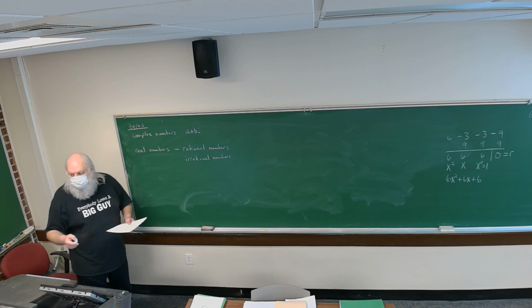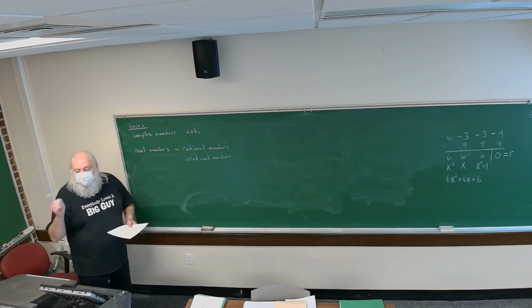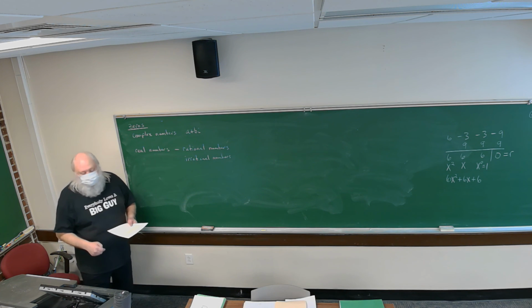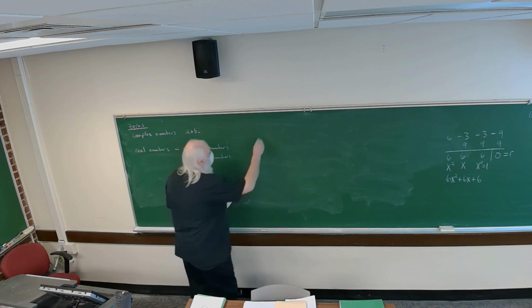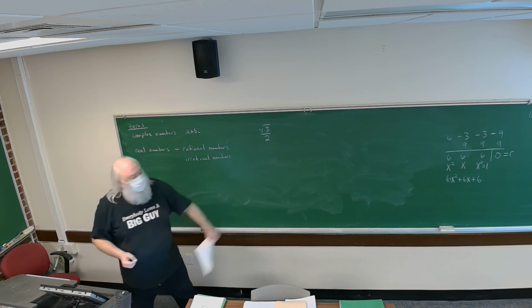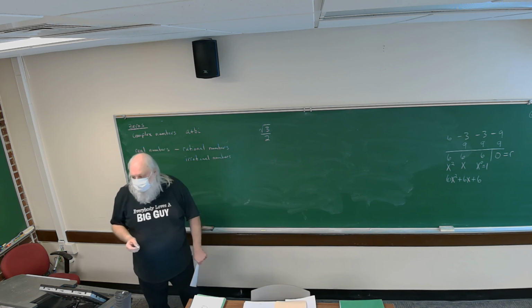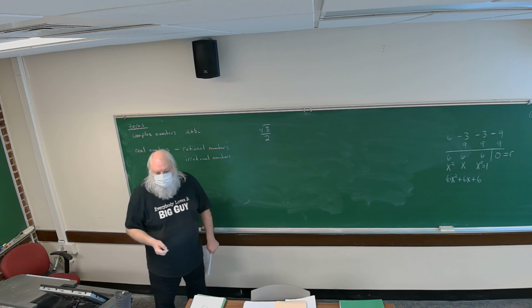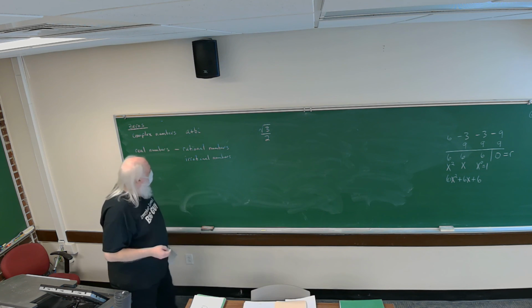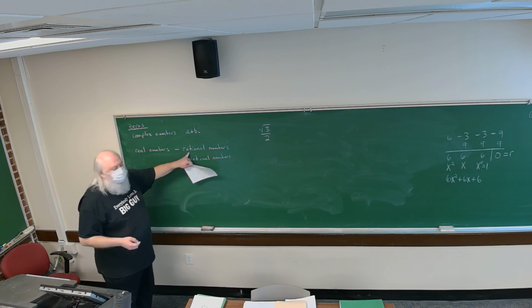It can be written as a fraction. But more specifically, a fraction with an integer in the numerator and an integer in the denominator. Technically, square root of 3 over 2 is a fraction, but square root of 3 is an irrational number, so she's correct.